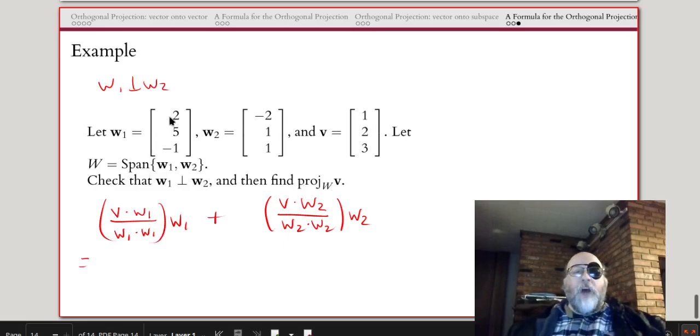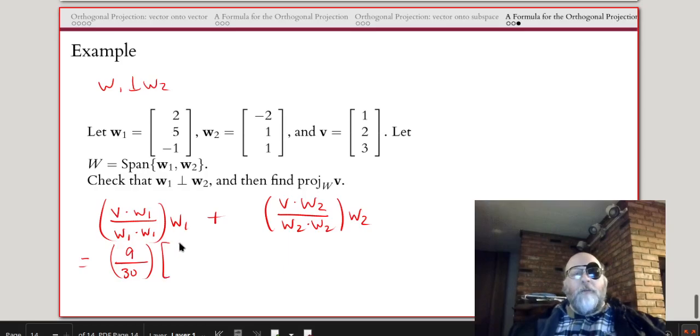So v dot w1 is going to be 2 plus 10 is 12. 12 minus 3 is 9. w1 dot with itself. Let's see. 4 plus 25 is 29. 29 plus 1 is 30.